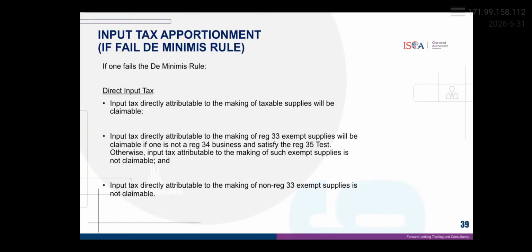For those Reg 33 exempt supplies, the input tax attributable to them will be claimable, again provided that it is not a Reg 34 business and you pass the Reg 35 test, which we mentioned just now. Otherwise, input tax attributable to the making of such exempt supply is also not claimable. Input tax directly attributable to the making of non-Reg 33 exempt supply is not claimable.